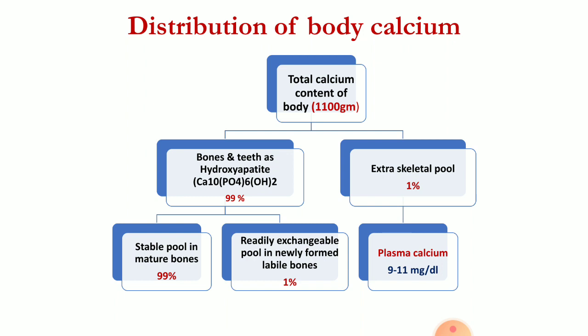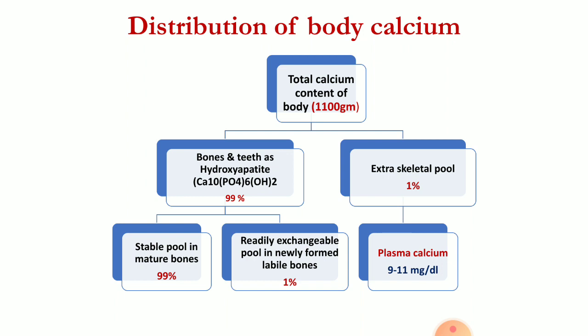Now, in this 99% skeletal pool of calcium, there are again two compartments. 99% of total skeletal calcium is stored as a stable pool, which is kept in the mature bones. Stable in that sense, it is not exchangeable or mobilizable in normal situations. Only under the influence of certain calcitropic hormones can this calcium be mobilized.